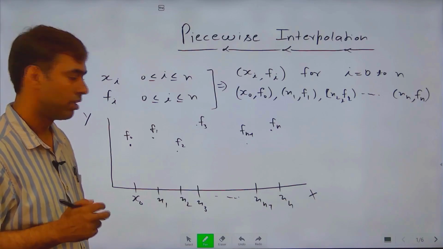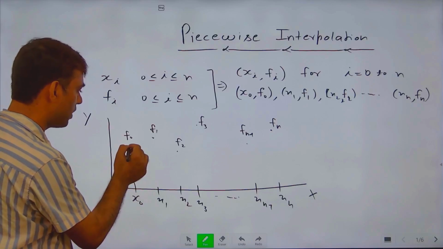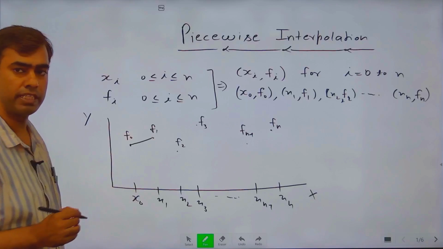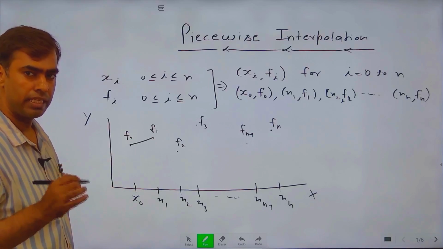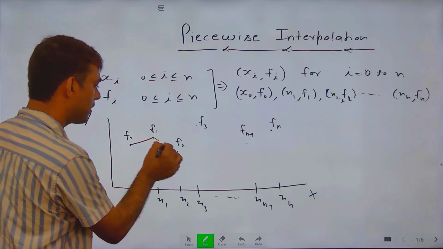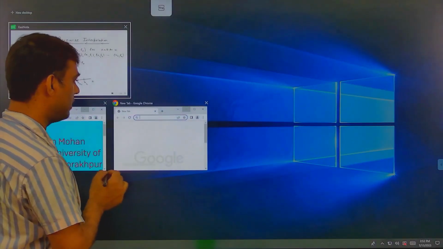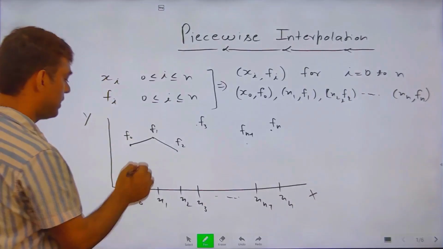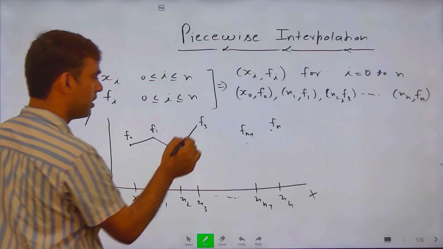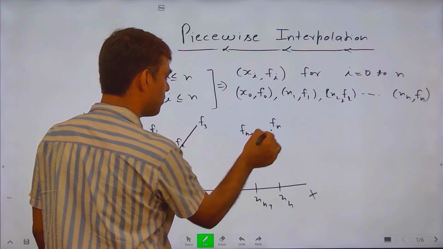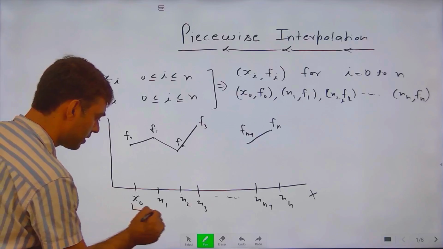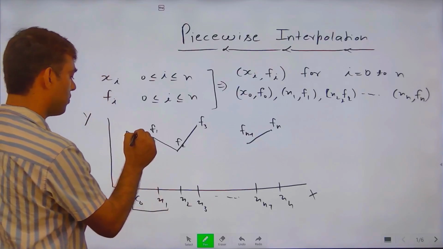So we fit a polynomial of degree 1, a straight line, between f0 and f1, then between f1 and f2 again a straight line, between f2 and f3 again a straight line, and similarly from fn minus 1 to fn a straight line. For each piece of data we fit a polynomial of degree 1.